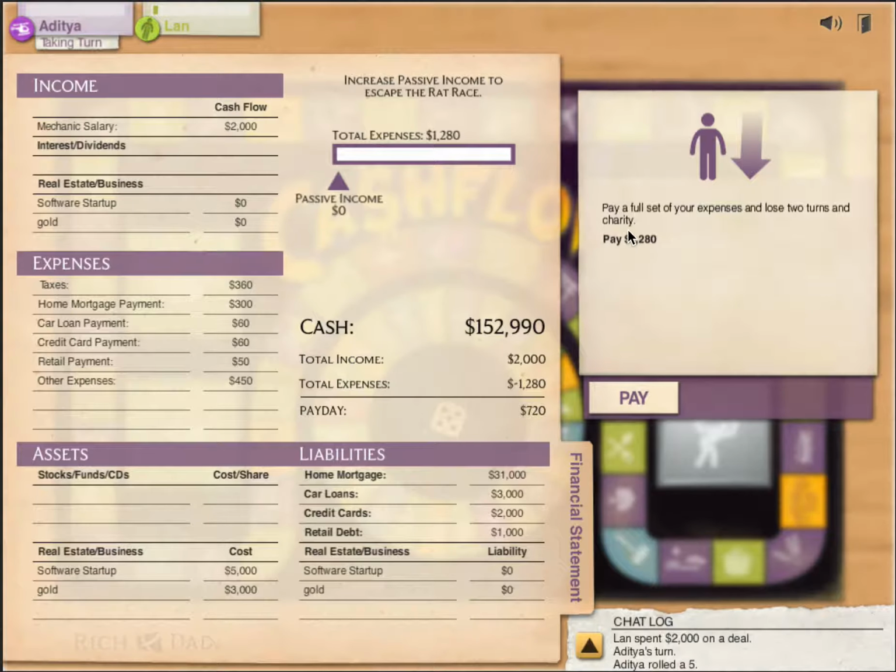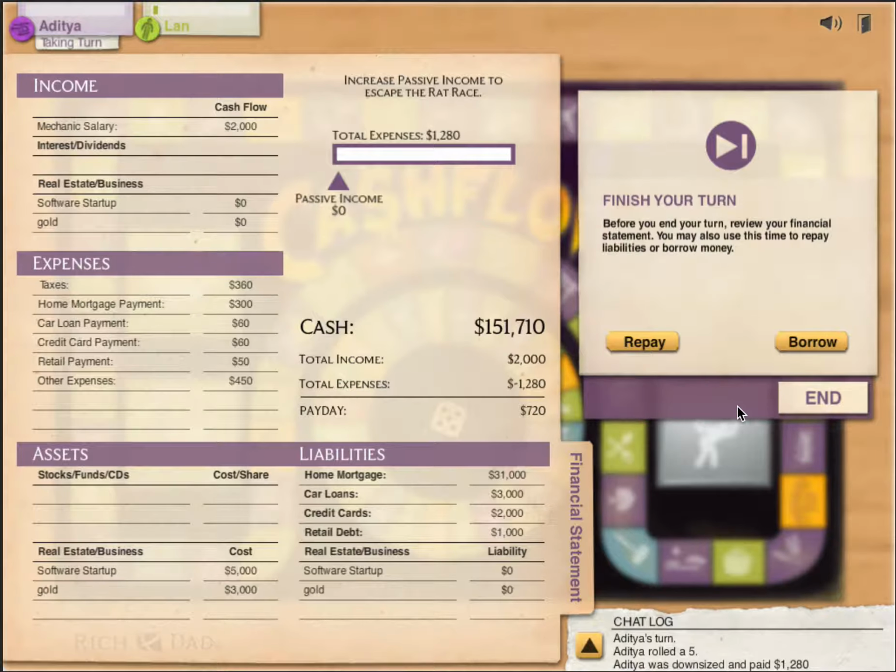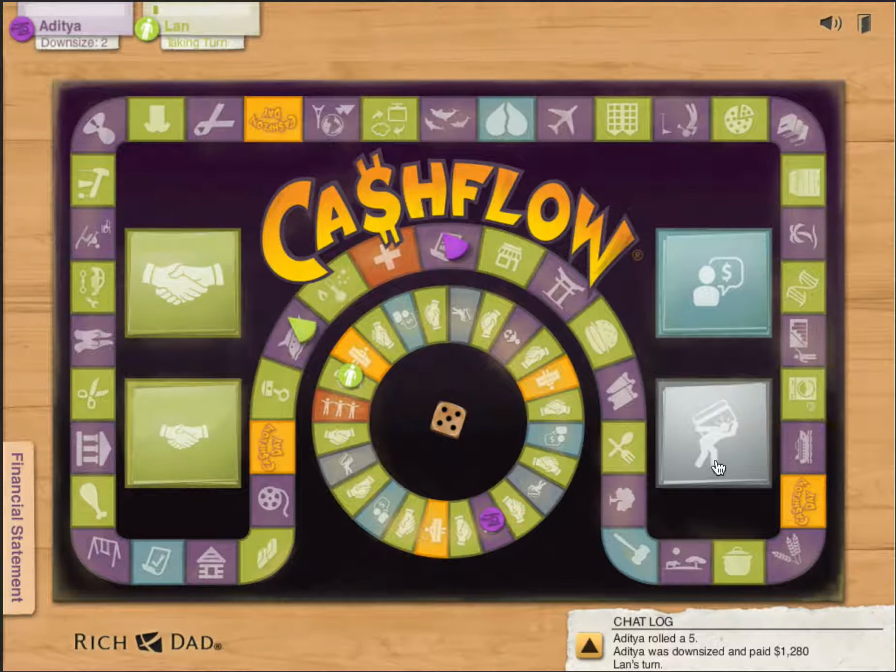Unfortunately, we got downsized again. We pay our expenses and we will lose 2 turns. But we have sufficient cash to just pay things off.